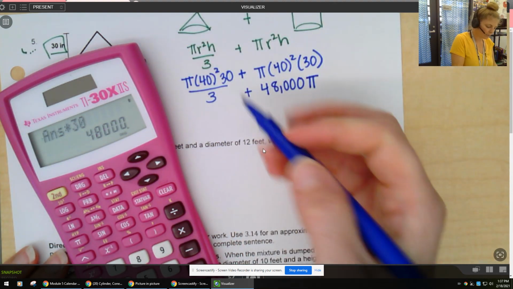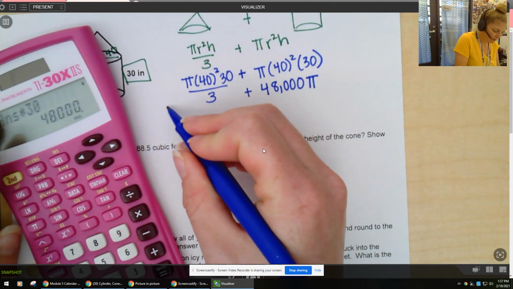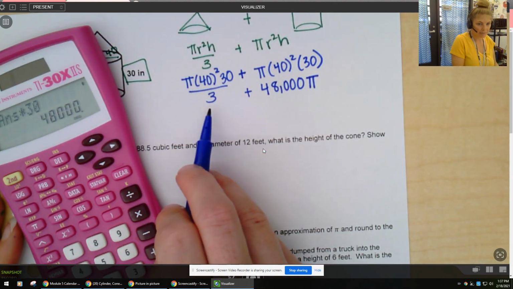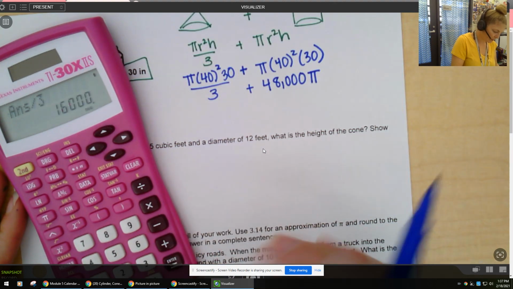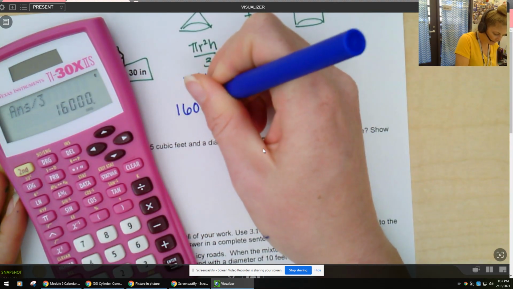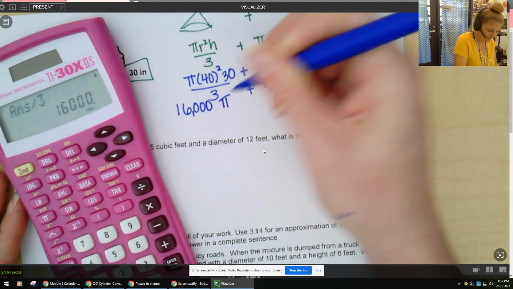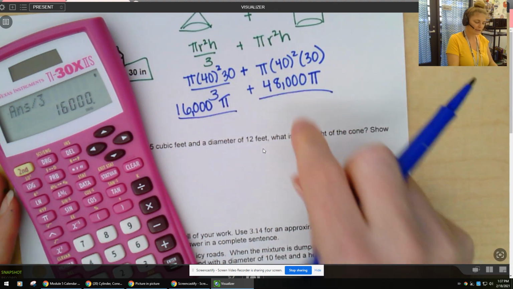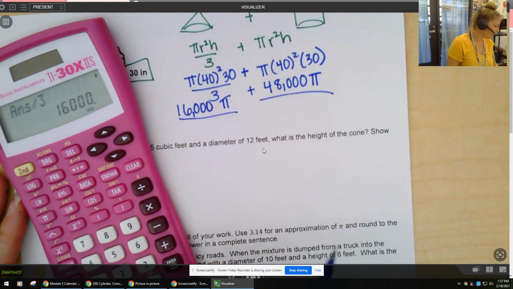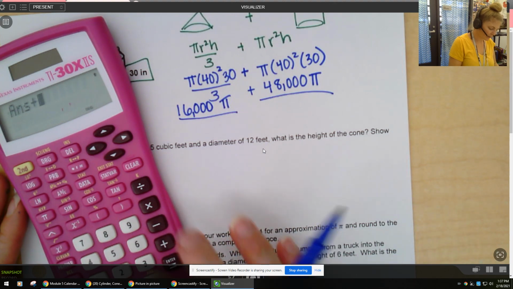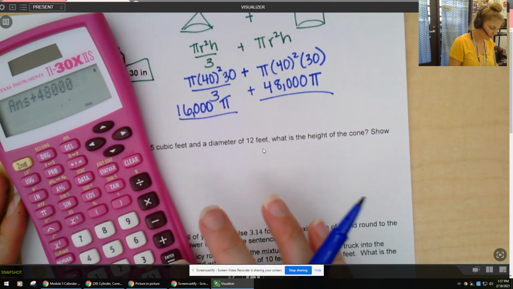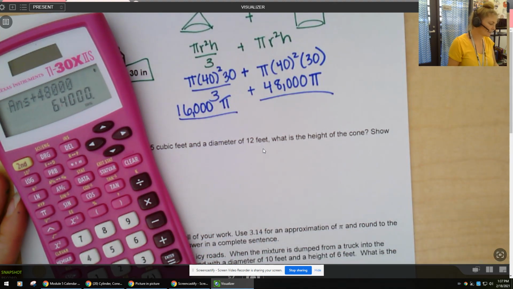And over here, we know that this will be 48,000 pi, but then divided by 3. So we're going to get 16,000 pi. So because these are both pi amounts, we can add them together, 16,000 plus 48,000, and we get 64,000.